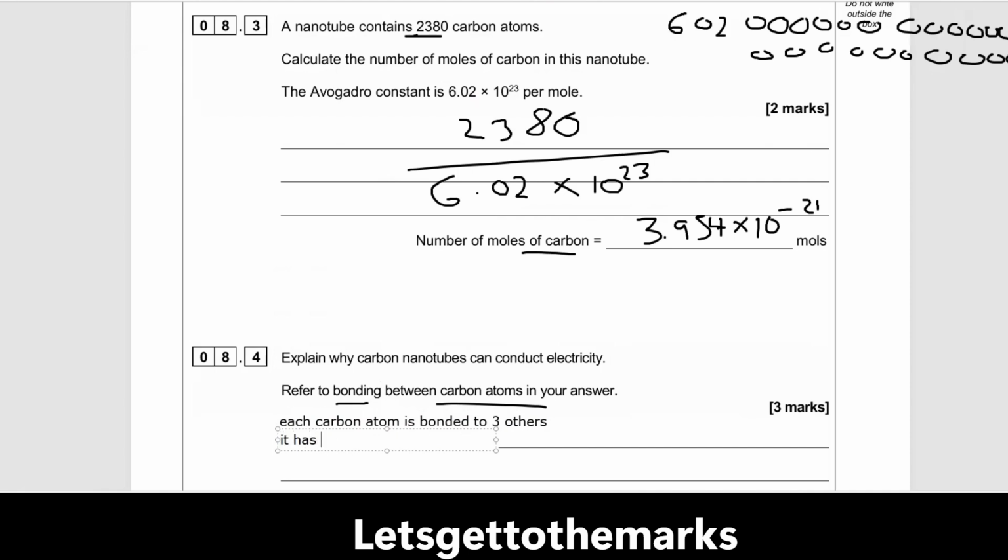It has an extra electron for each carbon atom. This forms a sea of electrons or delocalized electrons. These delocalized electrons can carry charge through the structure.